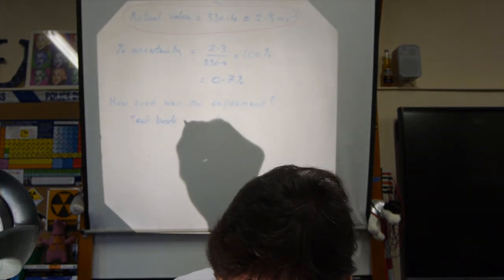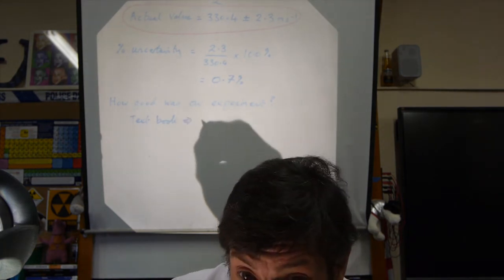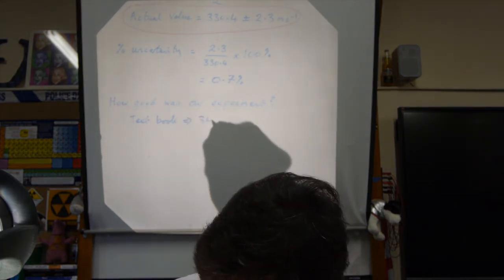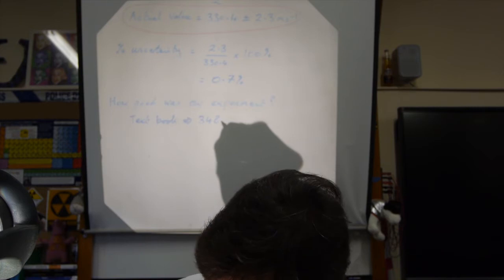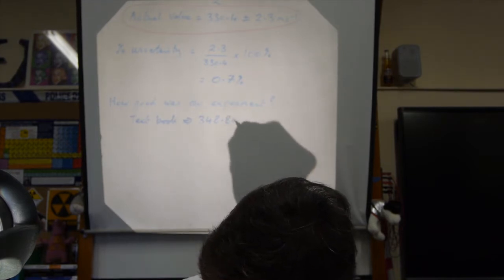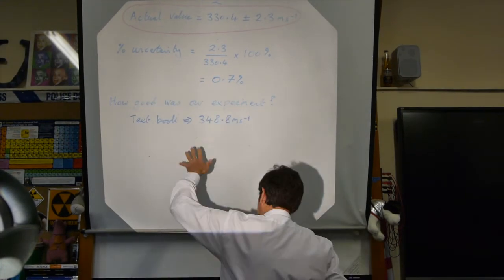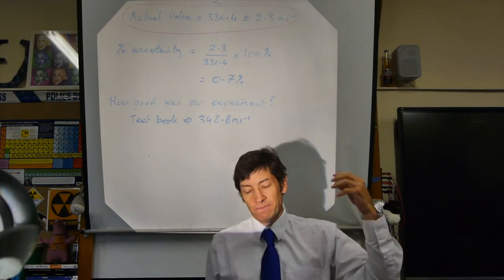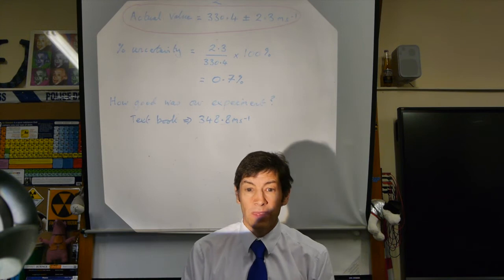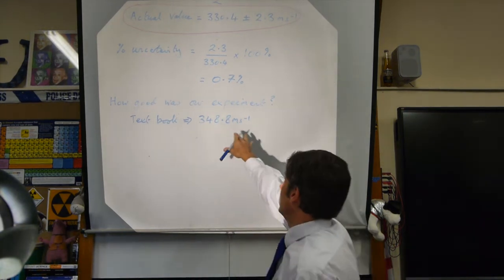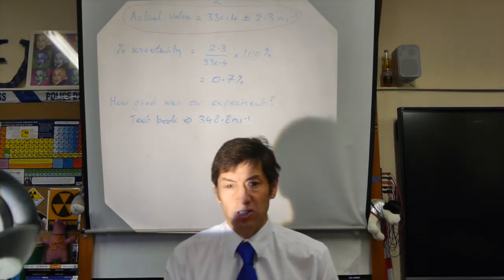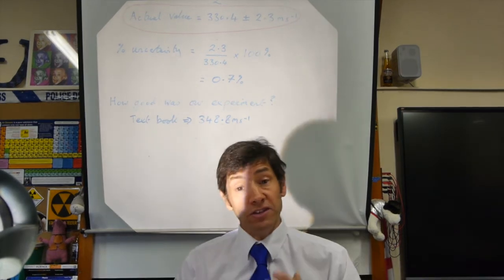has the speed of sound. It gives the speed of sound as 348.8 meters per second. That's in air at a particular temperature, humidity, and pressure. I've just gone for that number for the sake of the demonstration. This is an important idea.